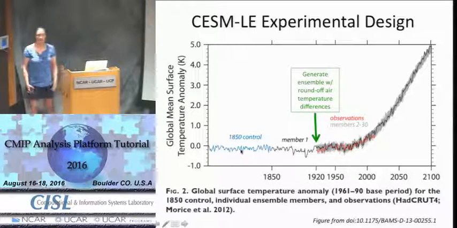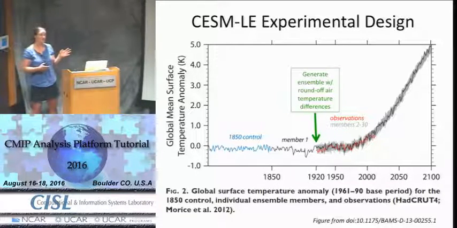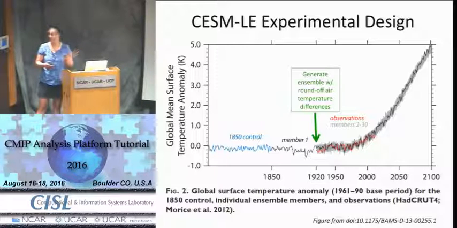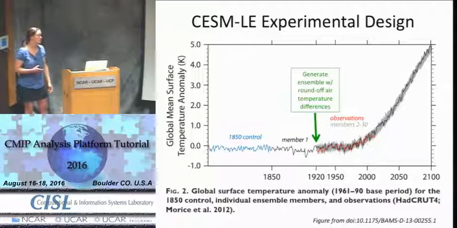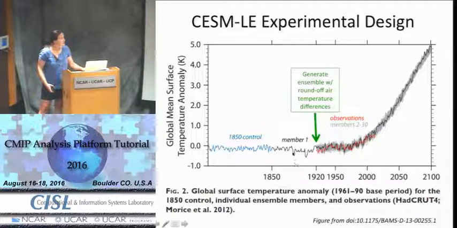We started the simulation with an 1850 control run, so this just has constant 1850 forcing. We ran it for about 400 years, and we picked a random January 1st, year 402. There was nothing special about that year. We didn't look at it, we didn't analyze it, we didn't look at AMOC, we just said, let's go, year 402. And we started the first ensemble member following the historical forcing.